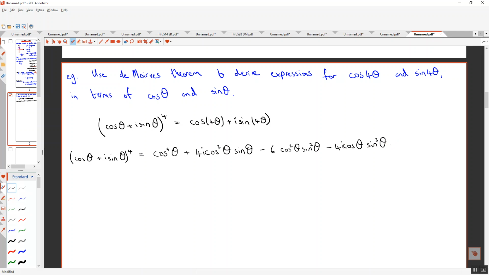And then I've got sine to the 4. i to the 4 is positive 1. Just plus.